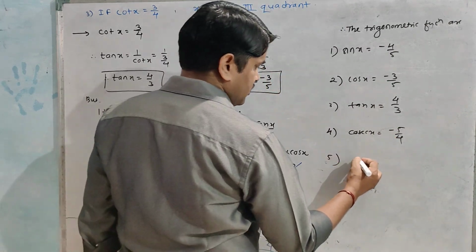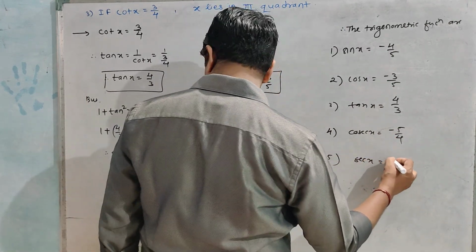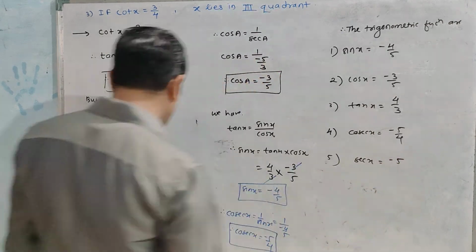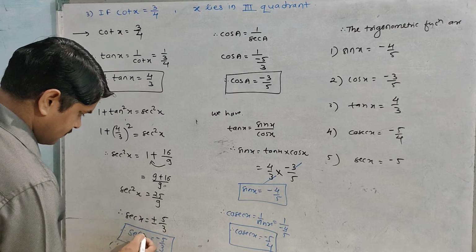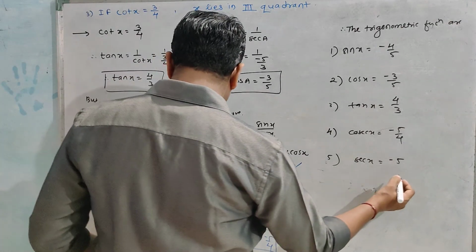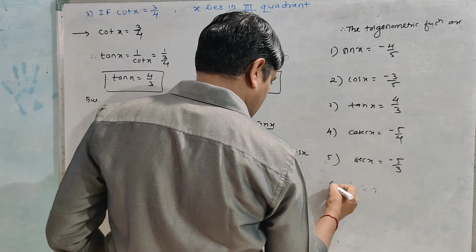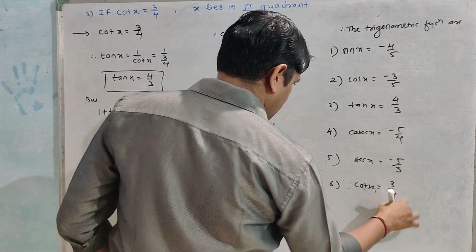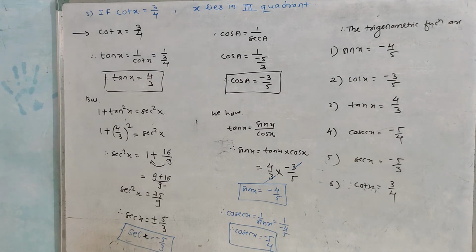Fifth one, the reciprocal of cos, sec x, which is equal to minus 5/3. And sixth one, cot x. Cot x is 3/4. This is all the trigonometric functions of x.